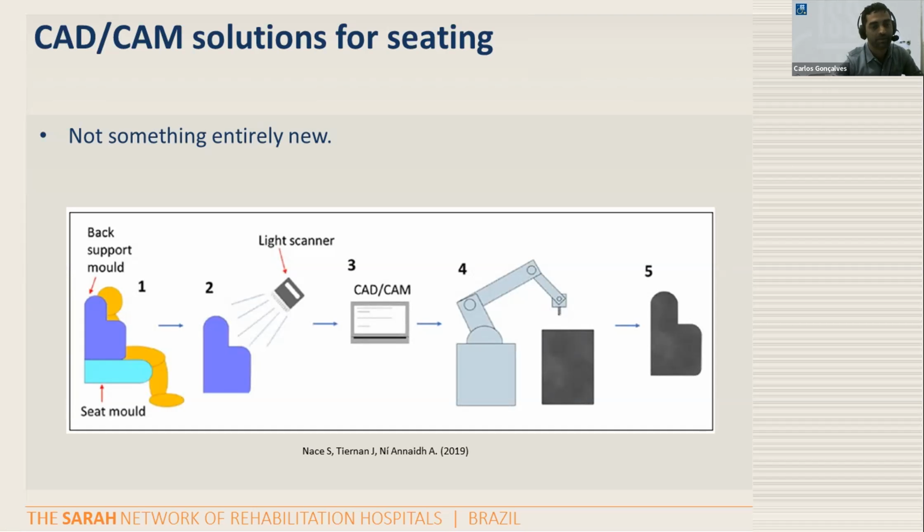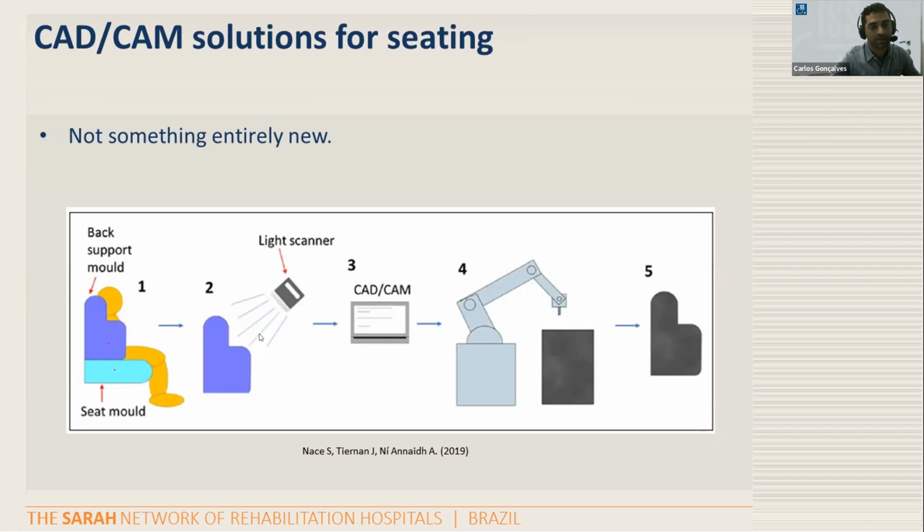Most of them use a beanbag or a set of beanbags that the user is seated on. Later, those beanbags have their air removed and become rigid, where a 3D scanner with light or infrared light can acquire the anatomical contour of the patient.